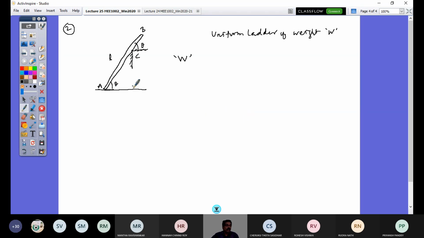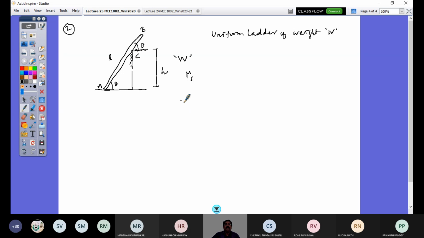This angle theta is given in the configuration, and it leans against a vertical wall. The height of this wall is given as h. The coefficient of static friction at all points of contact is mu s.